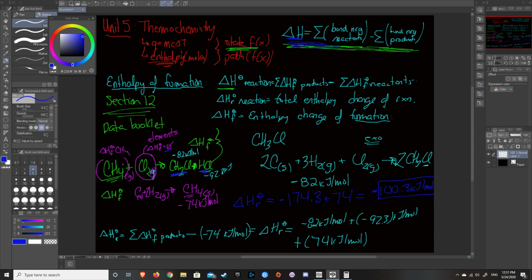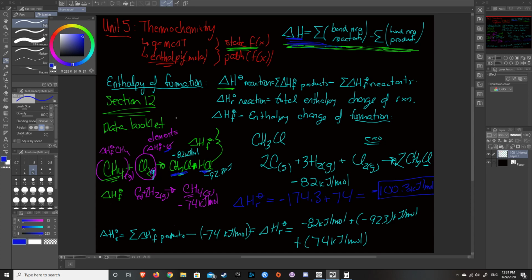We can do it in the old way and calculate the bond strength of carbon to hydrogen, calculate the bond strength of chlorine, calculate the bond strength. So we can do all of that, or we can use the heats of formation, the standard heats of formation.